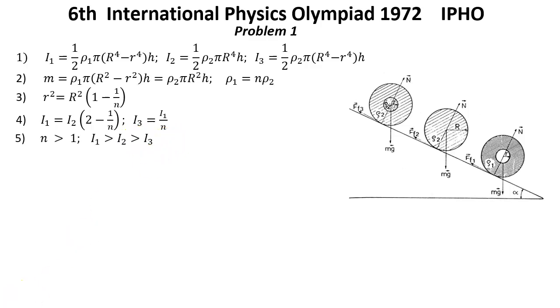It means that for n greater than 1 we have I1 greater than I2, which is greater than I3.